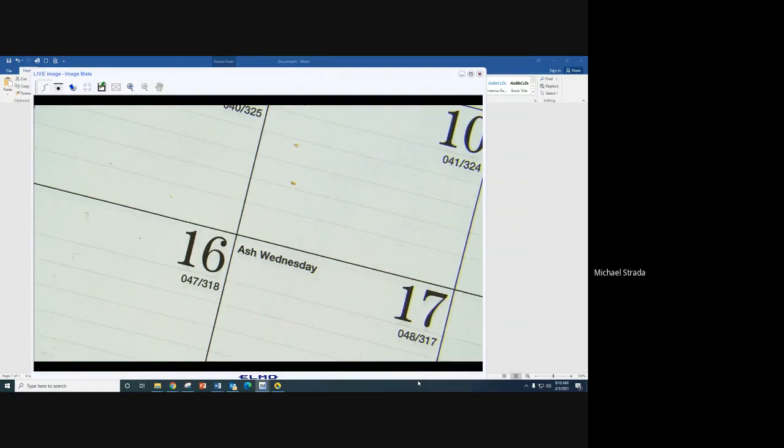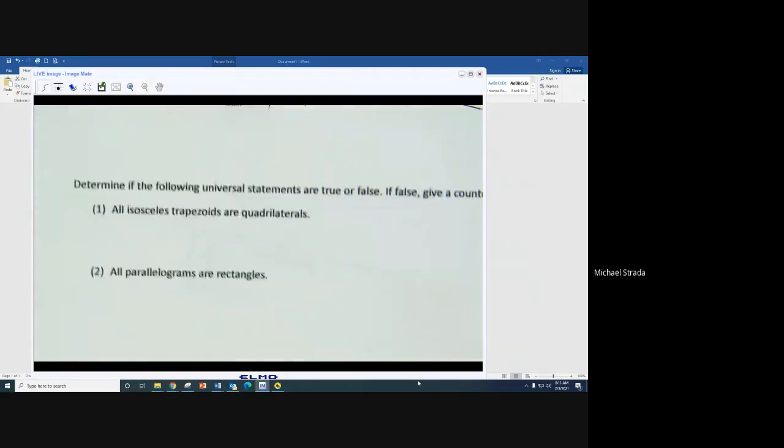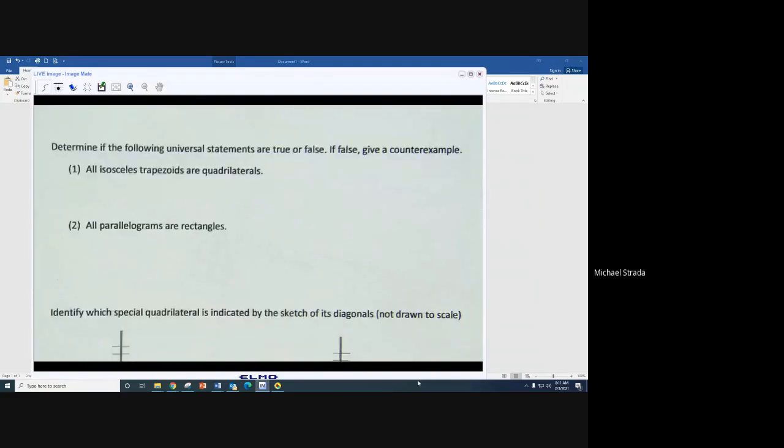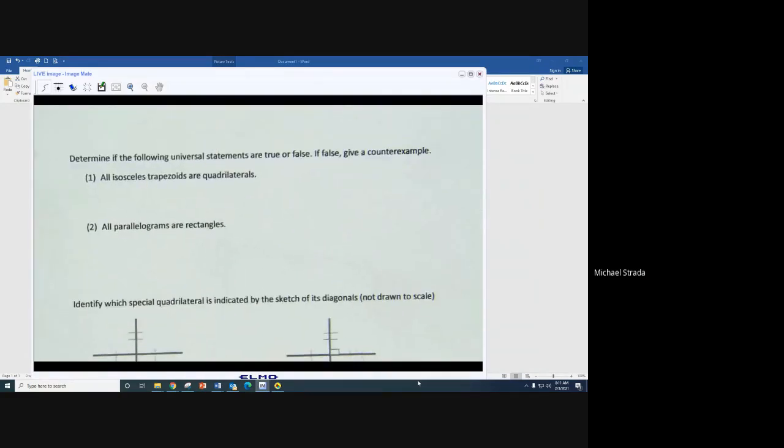All right. 1 and 2, work on those, please. For those of you playing the home game, we're just doing a 1 and 2. Determine if the following universal statements are true or false.